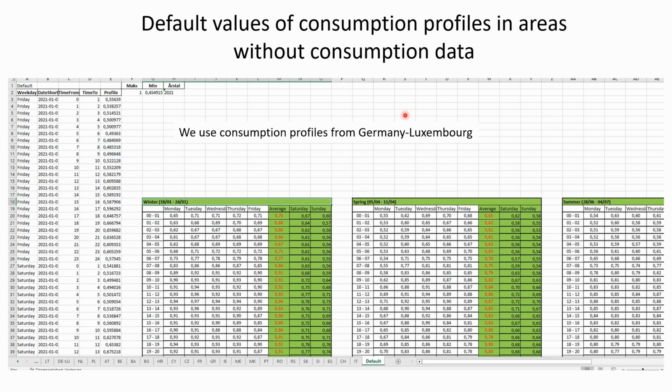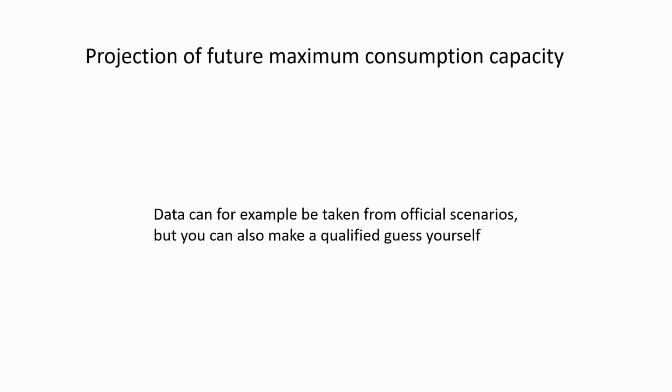In the power market simulator, we have made the assumption that for all the countries outside the EU, we will use the demand curve for Germany, Luxembourg as a default value of the demand. But if you have better data for a country, then of course you can include these data in the power market simulator.